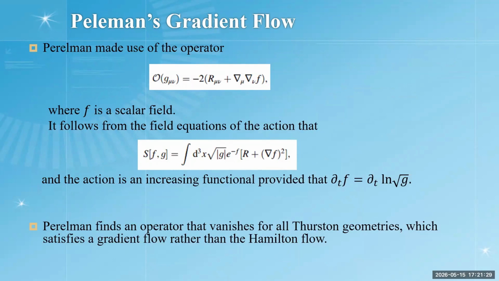That means every Thurston geometry is a solution of this equation, where the gradient, this operator, becomes zero. And the underlying action is this one, which is a very famous action occurring in string theory.